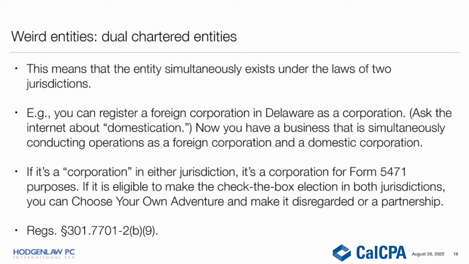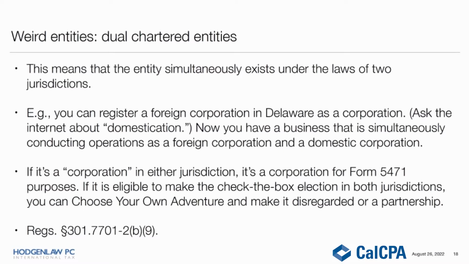Basically, when you want to move assets from foreign to domestic, or you want to do a merger but you want to accelerate the paperwork, you can take a foreign corporation and run over to the Secretary of State in Delaware and register that foreign corporation in Delaware. And now, hey, presto, you have a corporation that's the equivalent of an individual with dual citizenship.